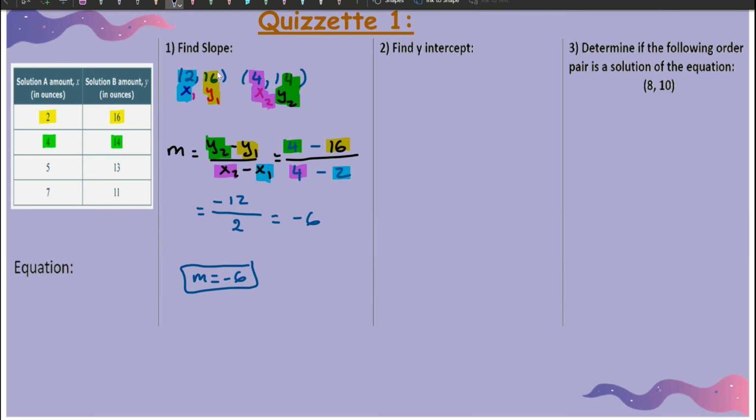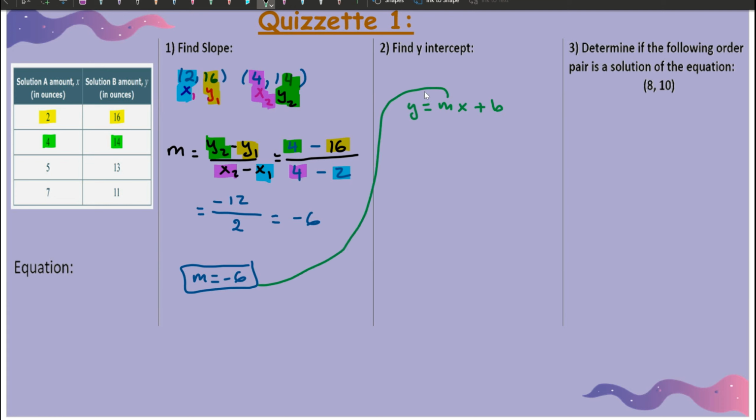I hope someone in our class does 2 different points, and you're supposed to have the same answer, negative 6. Now number 2, we're going to find the y-intercept. We know the equation is y equals mx plus b, and m we just solved for earlier is negative 6.